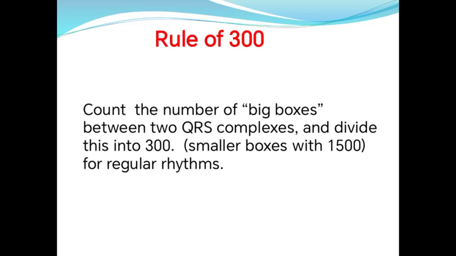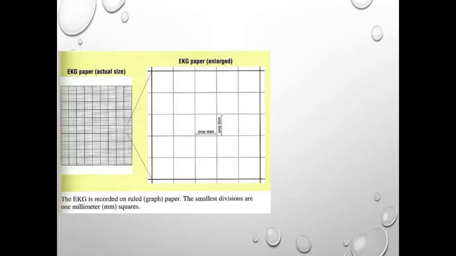Why do we use this? What's the point beyond this? We have to understand that it is a simple calculation. This is the ECG paper. We have one big square, divided into 5 small boxes.